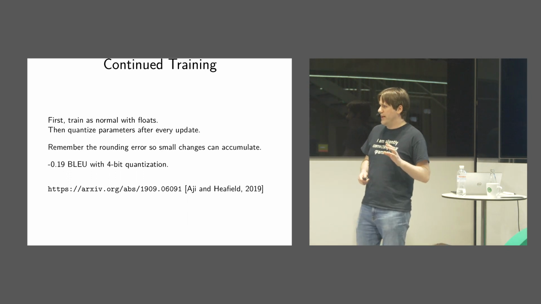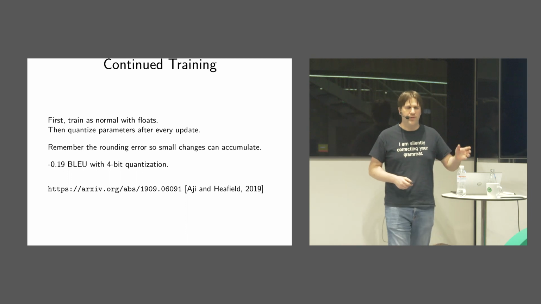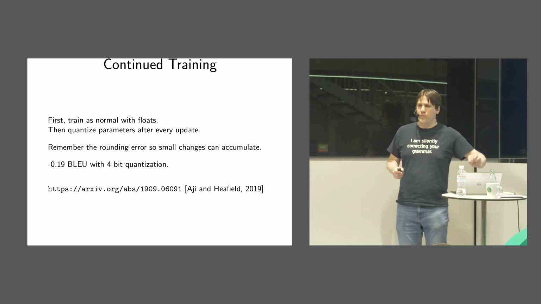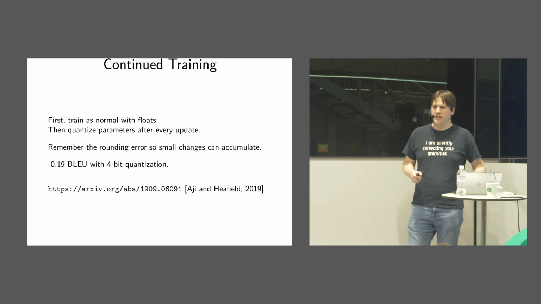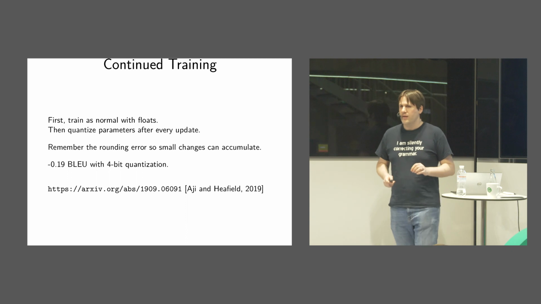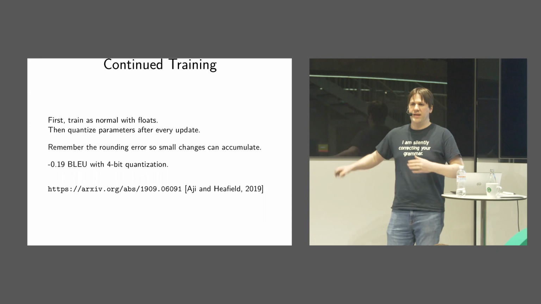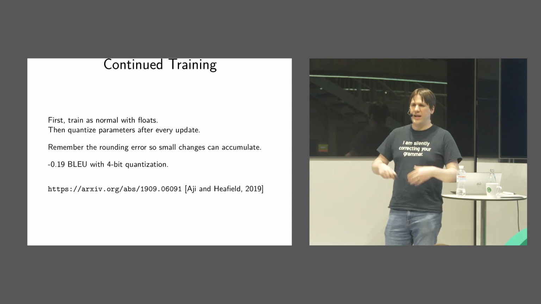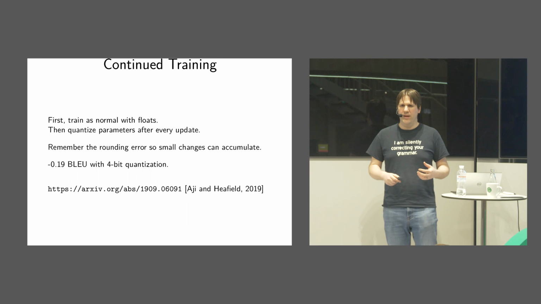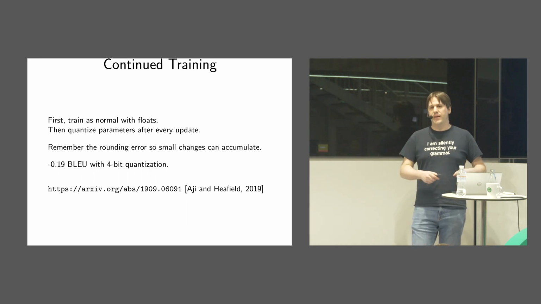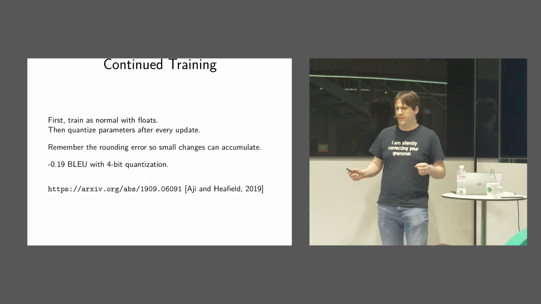And there's an important trick that we got from Microsoft and Frank Seide, where you can't just forget those rounding errors when you quantize, because any small change that comes from a gradient is never going to be able to flip the parameter to the next quantization point. So you remember the rounding error when you quantize, and you add it to the next gradient and just carry the error forward. It's kind of like having extra precision in the parameters that are only used for updating them, but not for running the forward or backward passes.